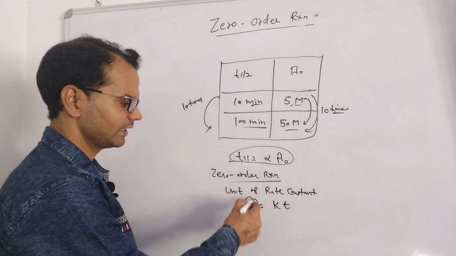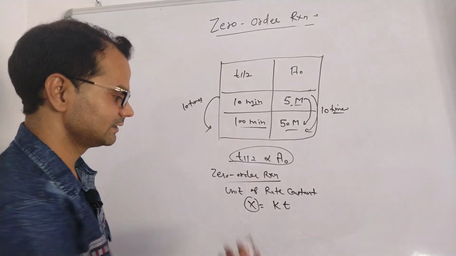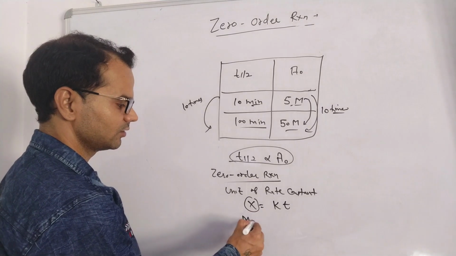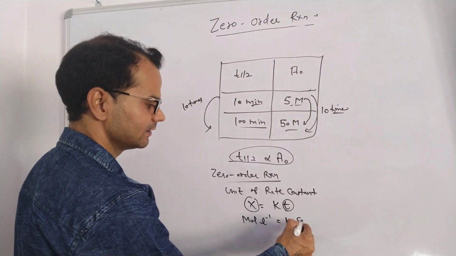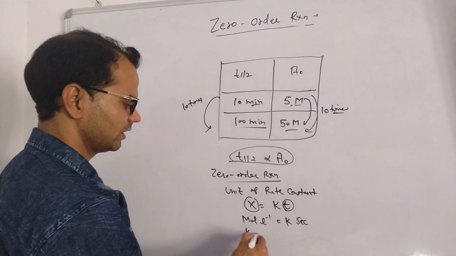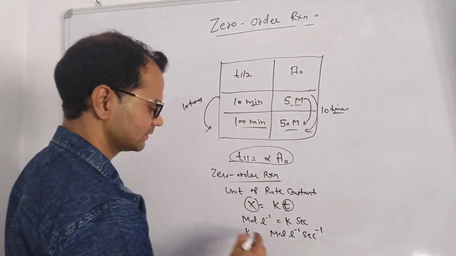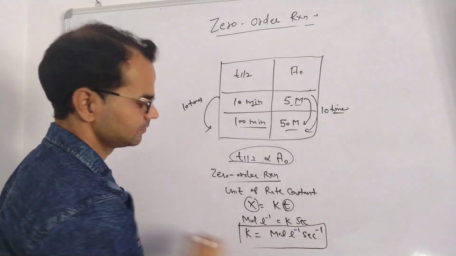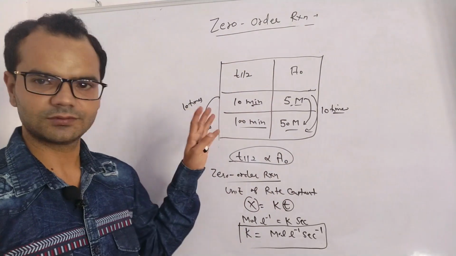X is the amount of reactant that is changed to product. So simply we can say it is concentration. Concentration unit is mole per liter equal to K, time generally taken in seconds. So the unit of K is mole per liter per second. Easy. That is for zero order.